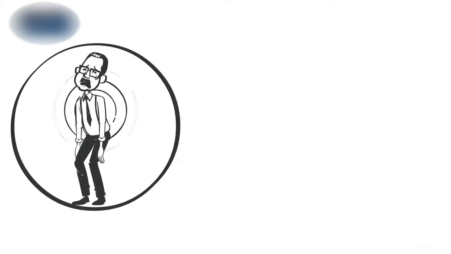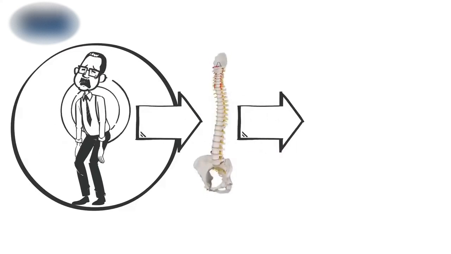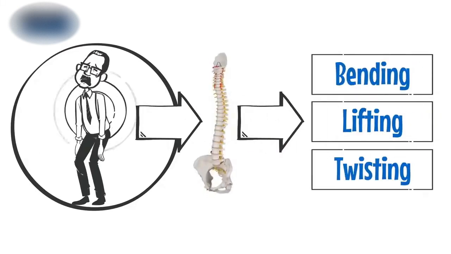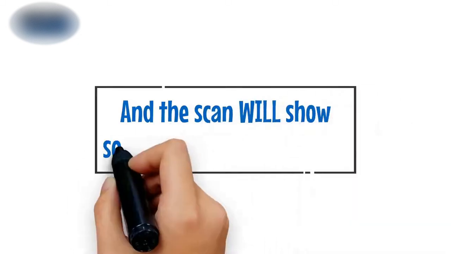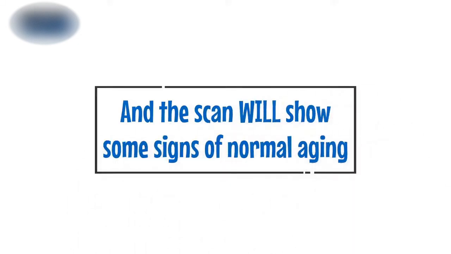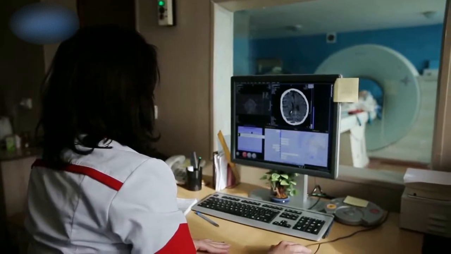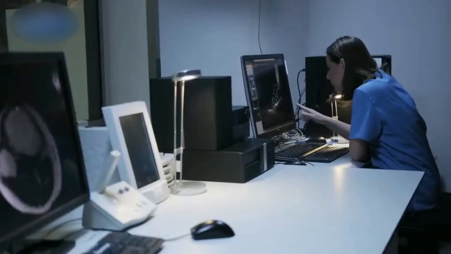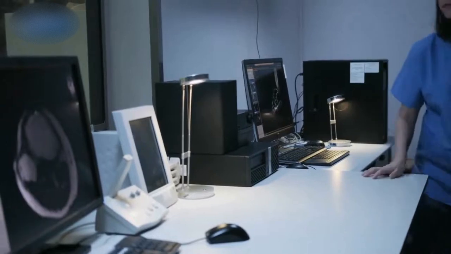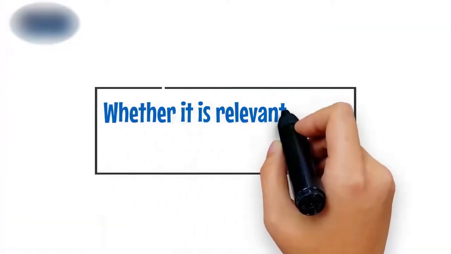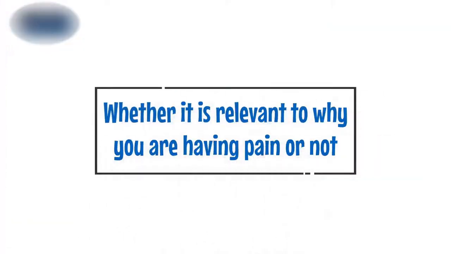Here's the problem. Once you are older than 20, your spine has 20 years of bending, lifting, and twisting, and the scan will show some signs of normal aging. It is the radiologist's job to describe in great detail every single thing that is not pristine on your MRI scan, whether it is relevant to why you are having pain or not.